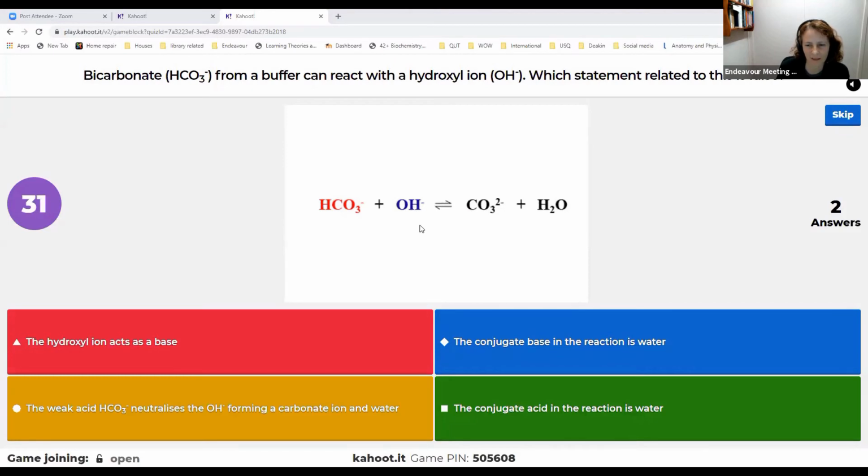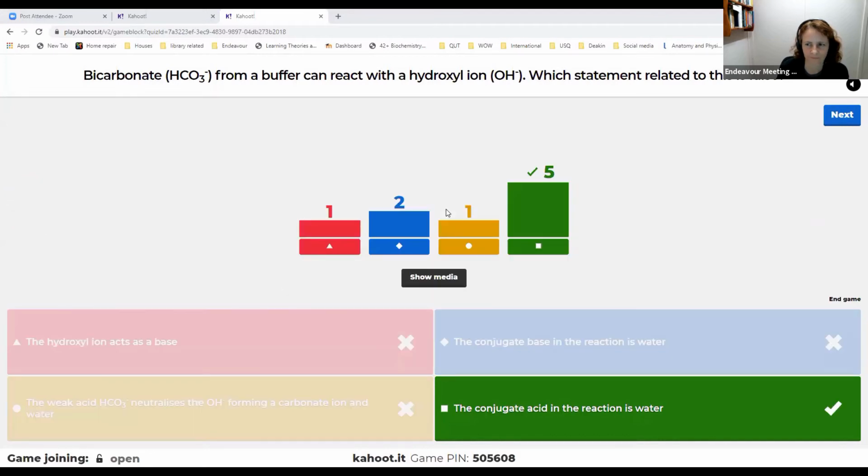The conjugate base in the reaction is water, or the conjugate acid in the reaction is water. Okay, so 5 of you got the right answer. So the conjugate acid in the reaction is the water.